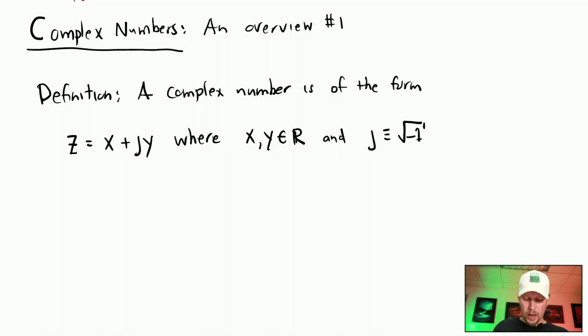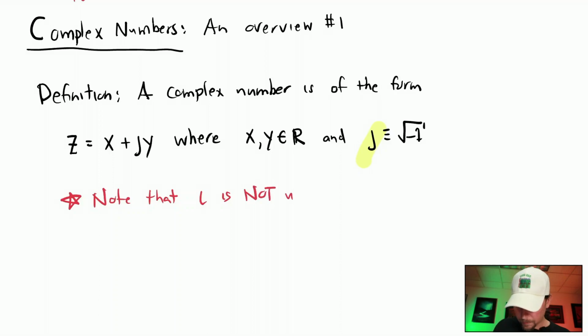Now, I do want to make a very quick warning. I know that, again, this is a review. In electrical engineering, we tend to avoid using lowercase i as the complex unit. So notice that we're actually using the letter j, not i. So note that i is not used as the imaginary unit.